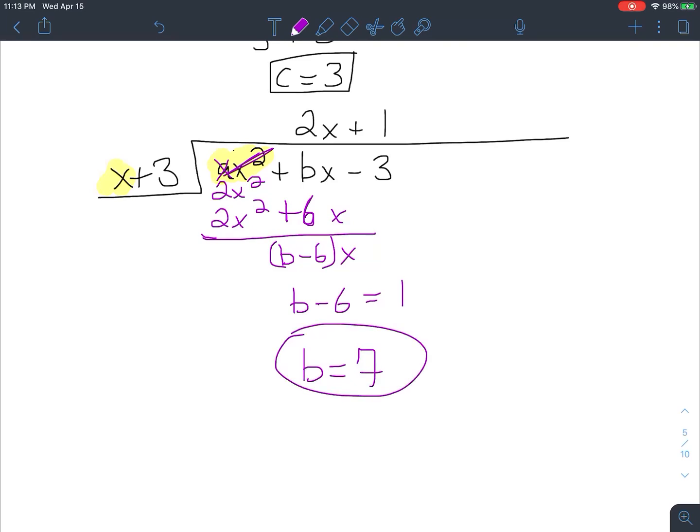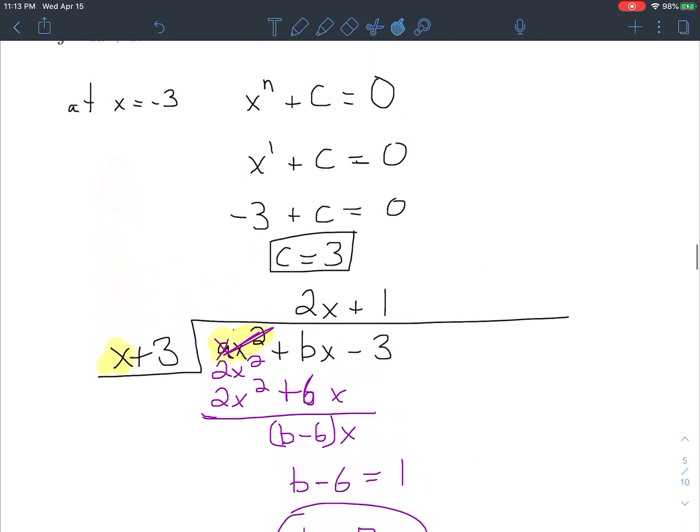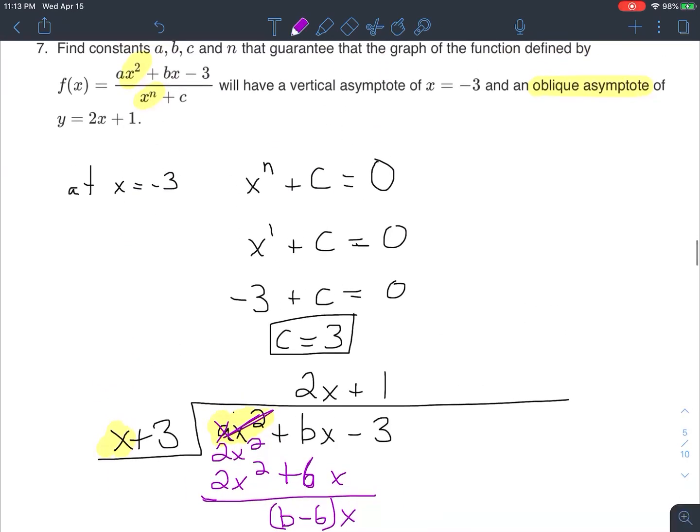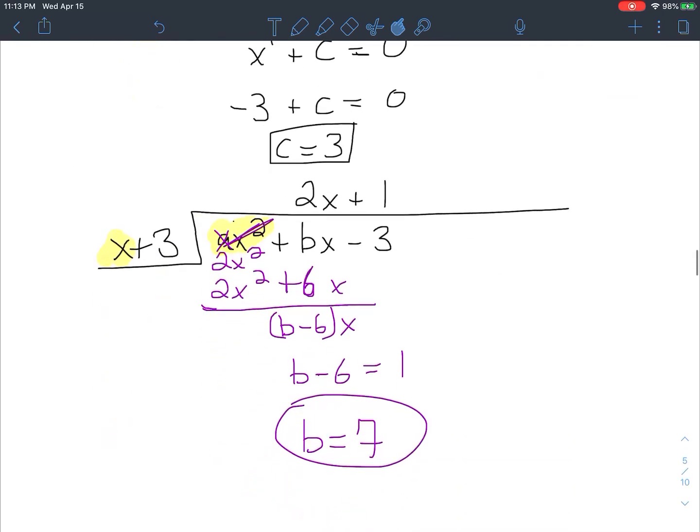Let's go back to our original equation, keeping in mind that b is 7 and c is 3. And a is 2 as well. I forgot to write that down. So we have 2, 7, 3.